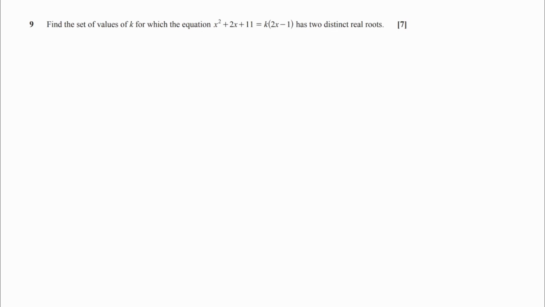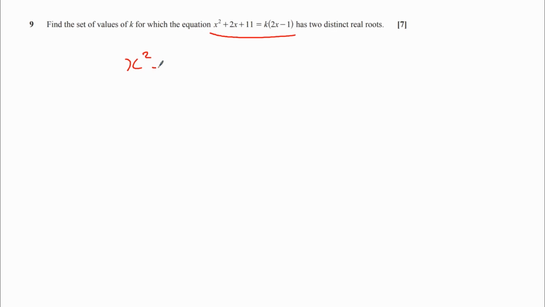real roots. If it is equal to 0, there is one root, and if it is less than 0, there is no root. So I just need to convert this to a standard quadratic equation.